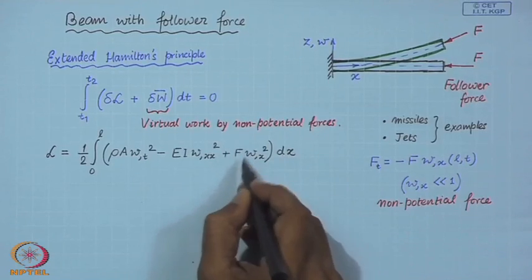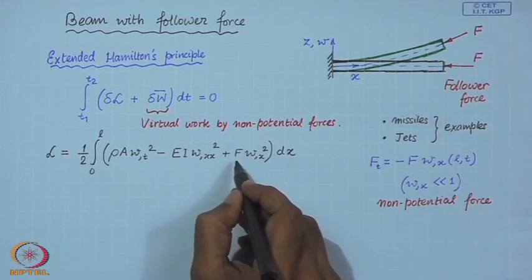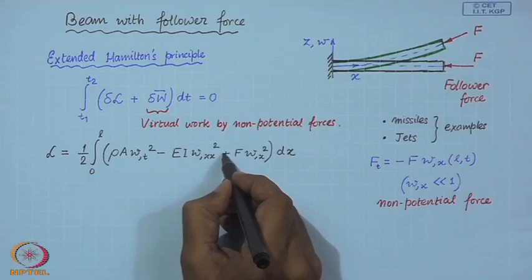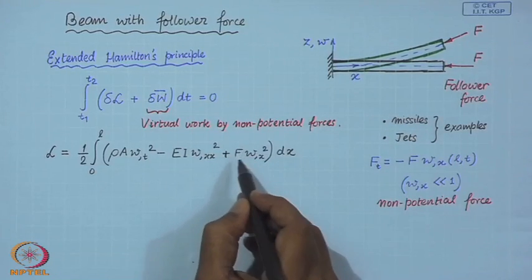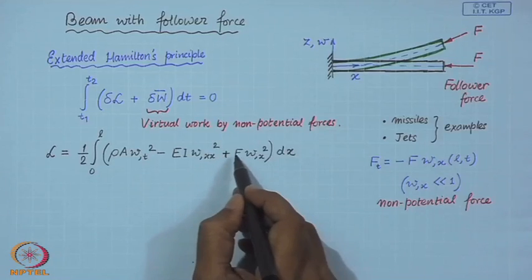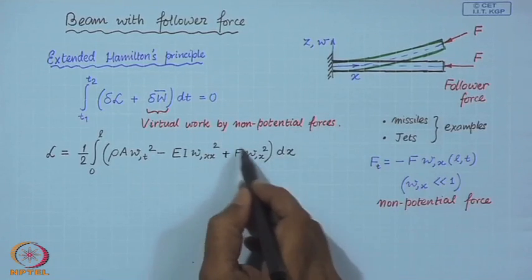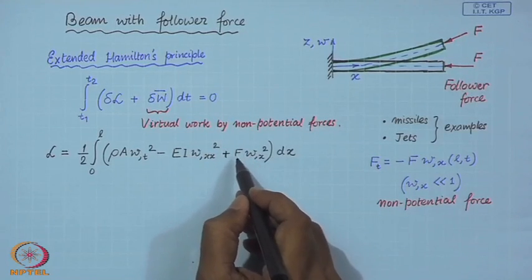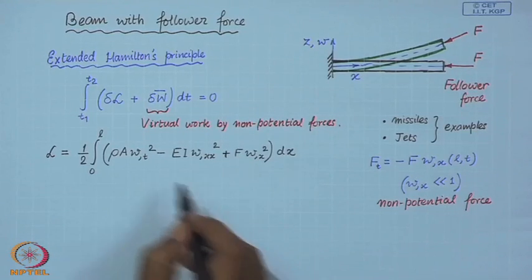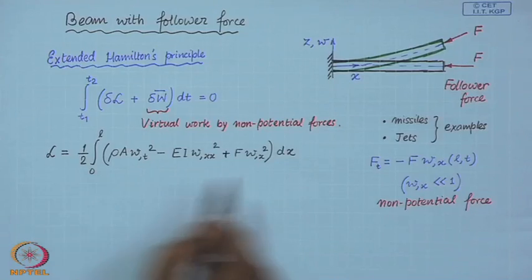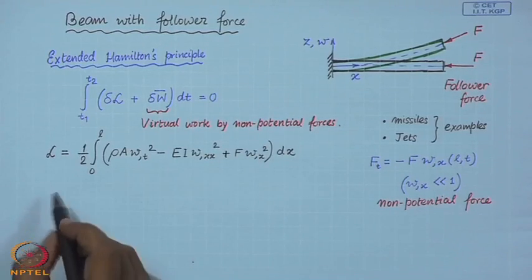Here I have taken the sign of this F appropriately, so that this indicates a compressive force. So, if F here is positive, then it is a compressive force. Now, this is the Lagrangian of the full beam.